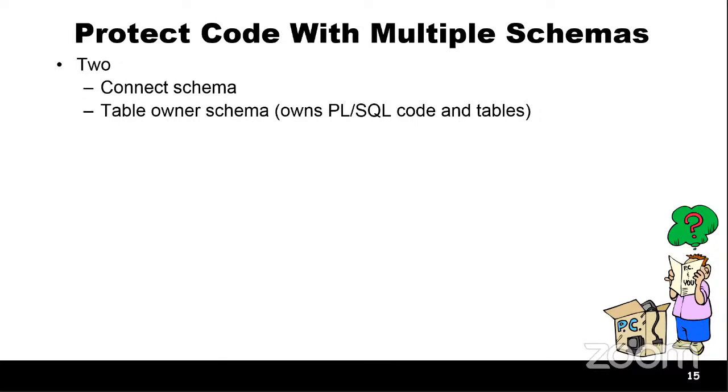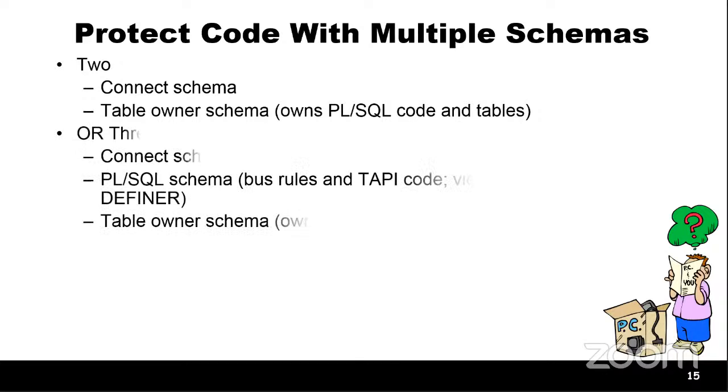There's a couple more which I'll go into, but the connect schema is often a single schema that application users log into using their own login. So they log into the application server, for example, and that login is personal to them, and the application server tracks their session individually as their personal user. But when you connect with the database, you use a common user that all users share.